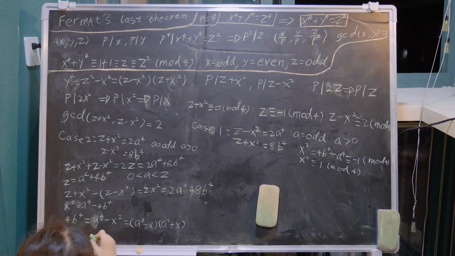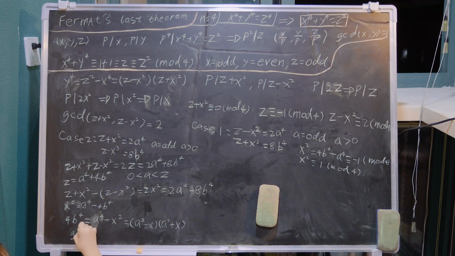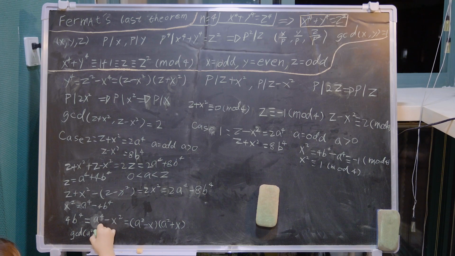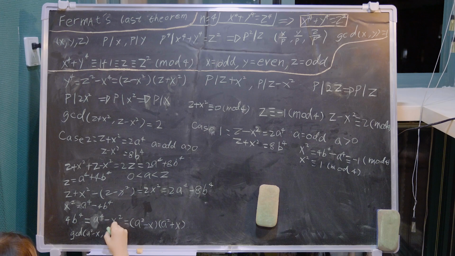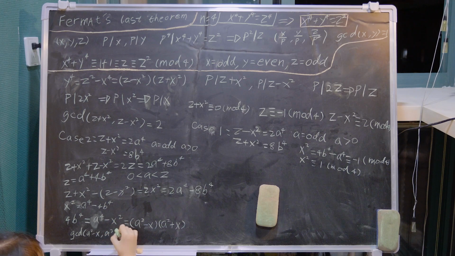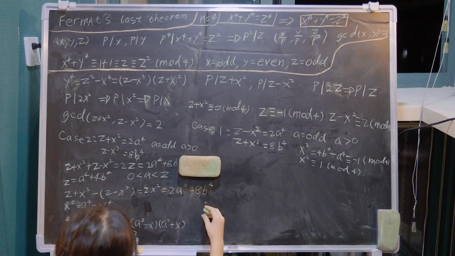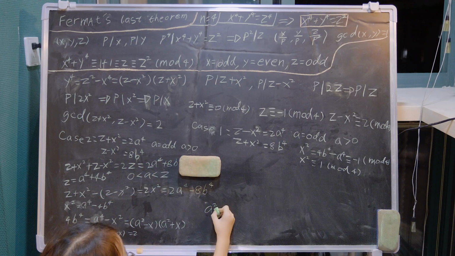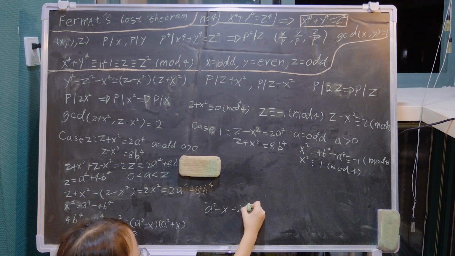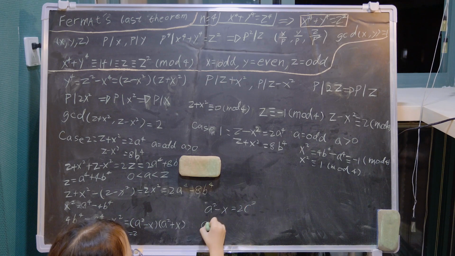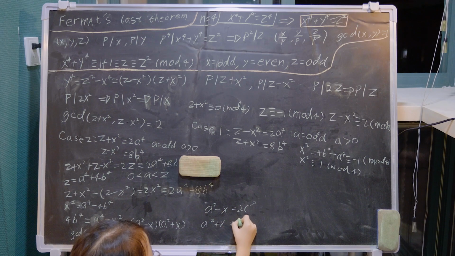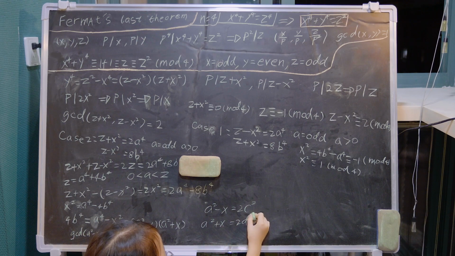You'll find out you still can prove the greatest common divisor of a squared minus x and a squared plus x is equal to 2. Right now, we can set a squared minus x is equal to 2c squared, and a squared plus x is equal to 2d squared.